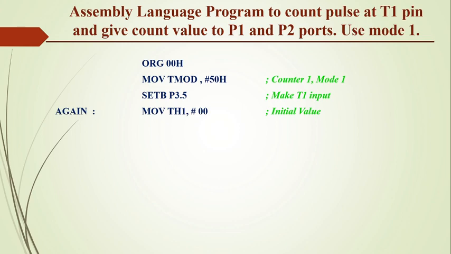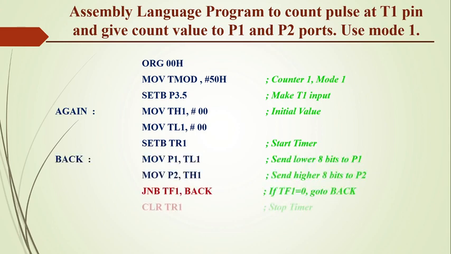Now we have to initialize the values of the TH1 and TL1 registers equal to 00 to start counting from 00. Now start the counter using the instruction SETB TR1, and using these instructions read the values available in TL1 and TH1 on port 1 and port 2.